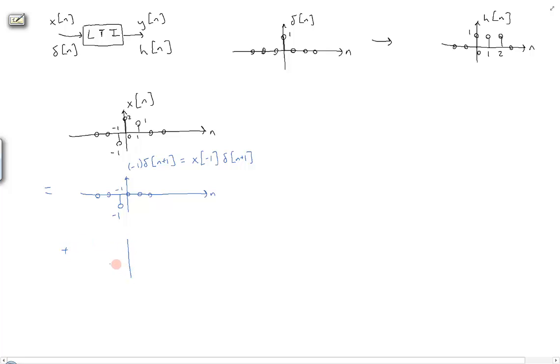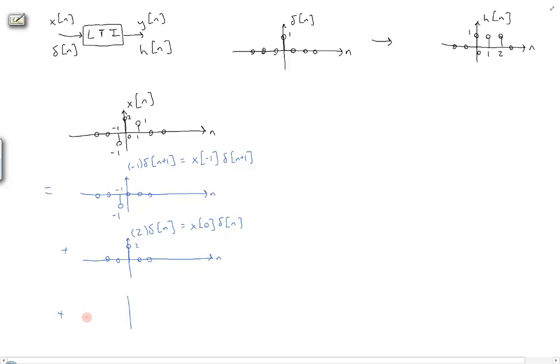The next component is 2 times delta of n. It's our regular delta function, not shifted, scaled by 2, so it has an amplitude of 2 and a 0 everywhere else. This can be written as x of 0 times delta of n.